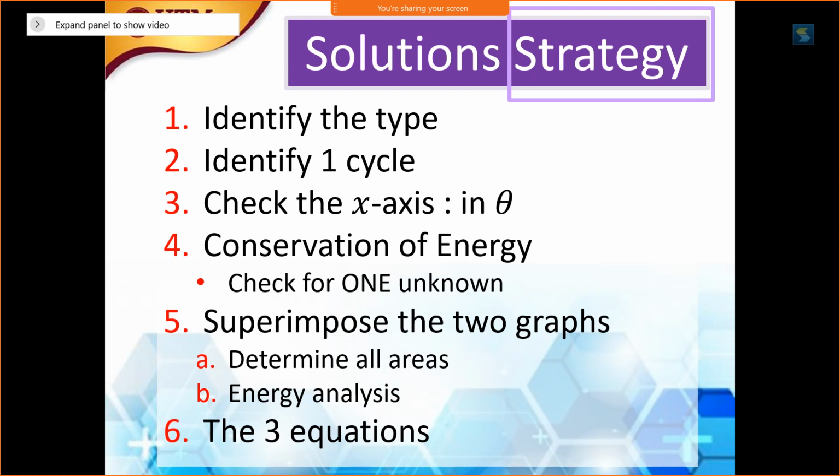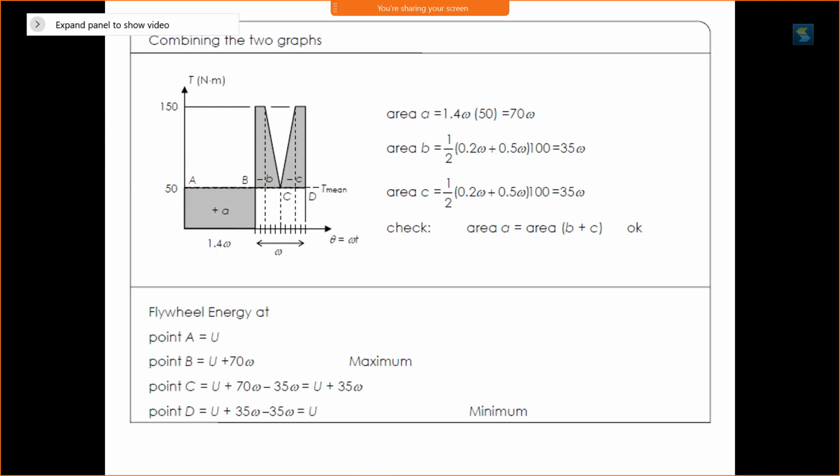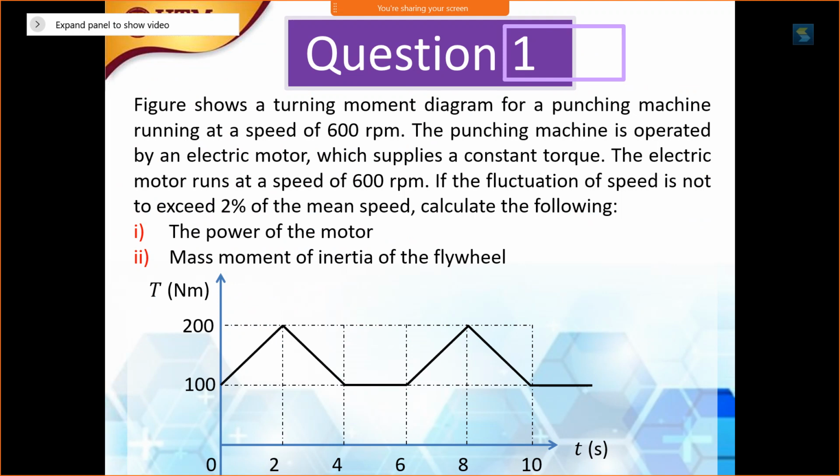And then number 4, you need to start with conservation of energy, check for one unknown, and then superimpose. Yang ni a very critical part lah biasanya, superimpose of two graphs, and then from here we need to determine all areas and also energy analysis. And then number 6 is 3 equation. Okay, so yang ni saya dah tunjuk dalam video, then you can check it out balik.